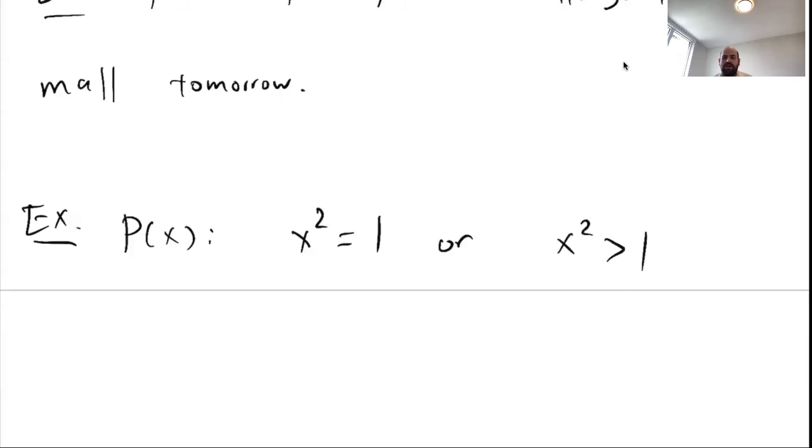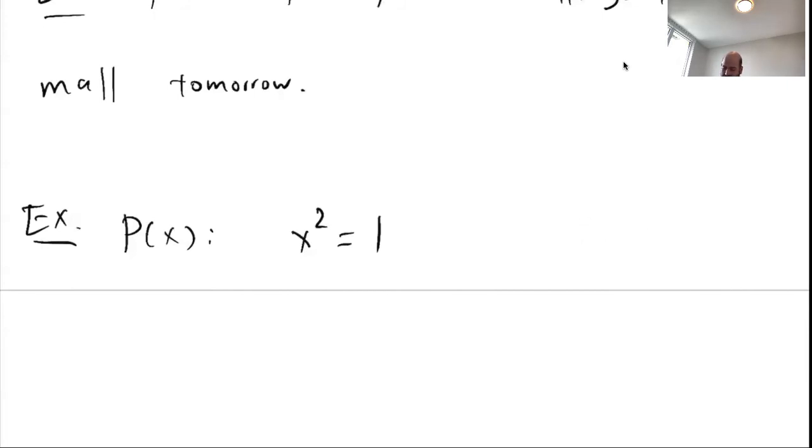So there is no doubt about it, or they don't depend on a certain number or variable appearing in the proposition. But when you say X squared equals 1, well, this proposition is true for some values of X, namely X equals 1 and X equals minus 1, and is false for the other values of X. Or similarly, X squared bigger than 1 is true for certain values of X and false for certain values of X.